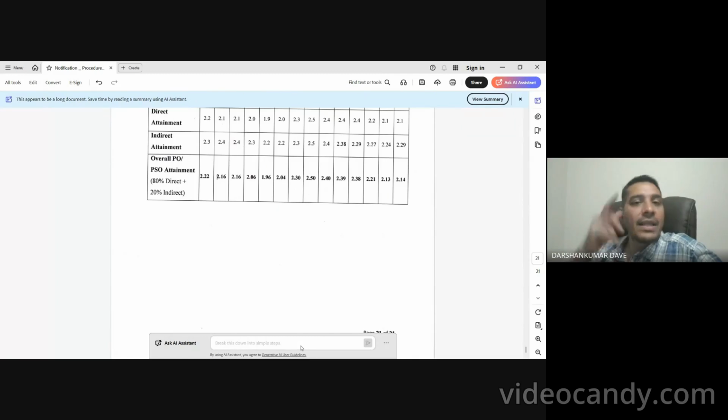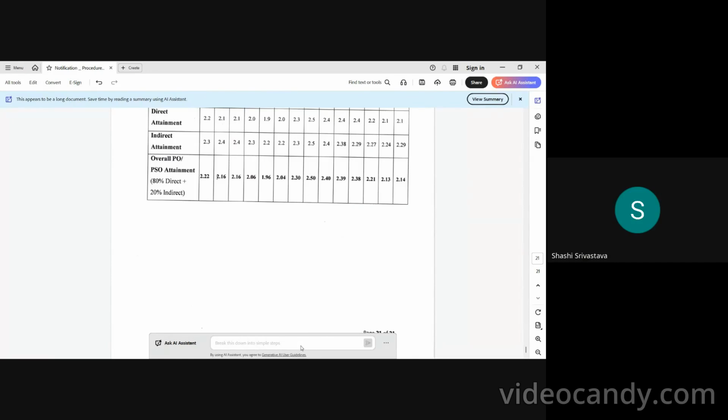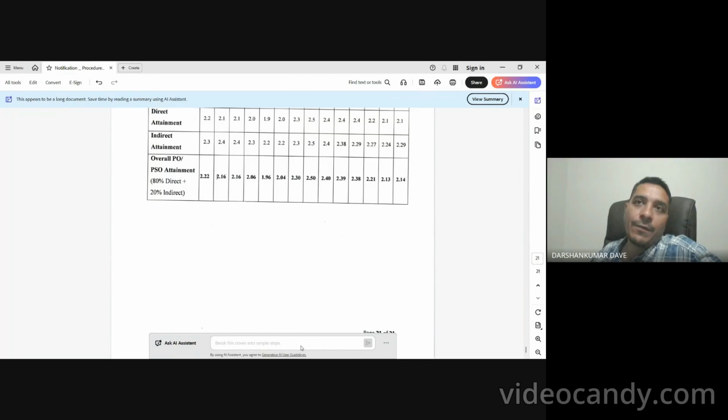That is another task. Otherwise, calculation can be done directly by using the tools. We have Excel sheets for the record of the assignments. Otherwise, madam, if you have an institutional LMS, these things can be integrated on the LMS as well.